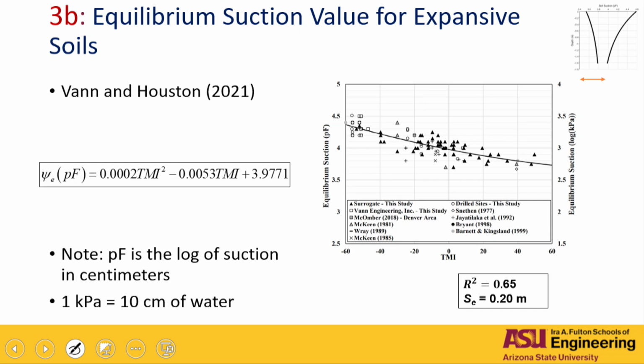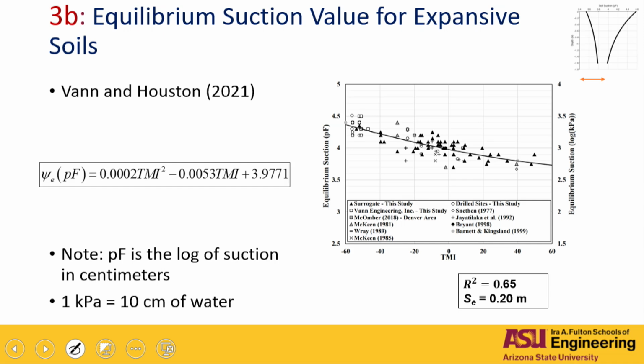They found that the equilibrium suction is going to be a function of TMI, and that was the best they were able to get with this data, okay? It's not that bad, actually, for geotechnical engineering, believe me. This is PF. PF is nothing but the log of suction in centimeters, right? This is a measure of suction.